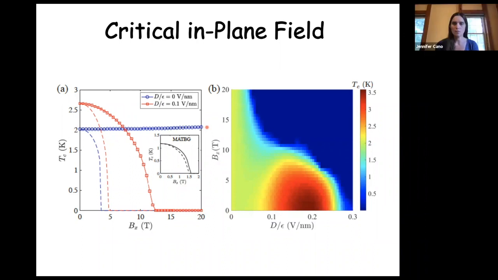And I think there's some evidence of that and consistency in that, at least looking at the experiments, it seems like better devices have even higher in-plane critical fields. I see. Thanks.